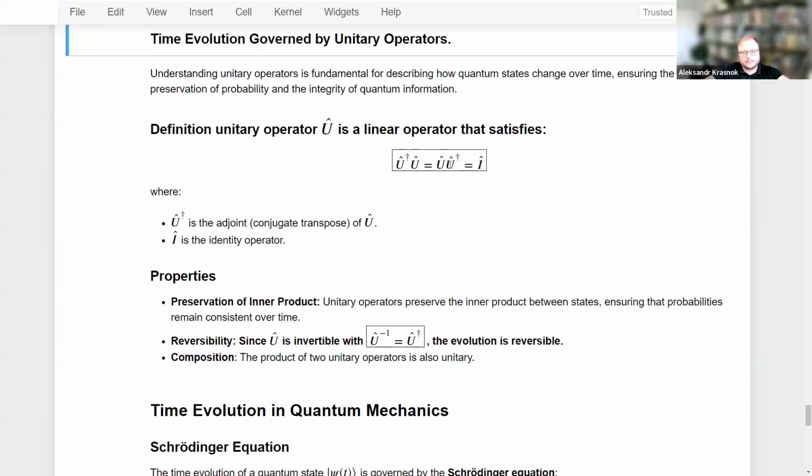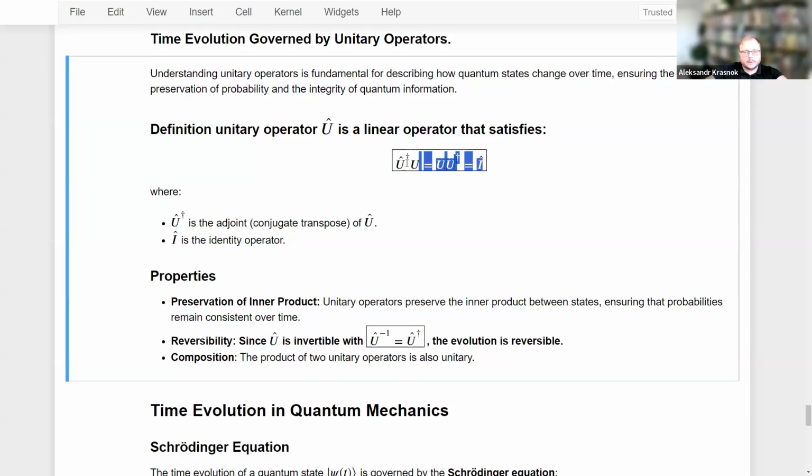So a unitary operator is an operator that satisfies this criterion. Basically, if you take the operator dagger and multiply it by the operator itself, the result is the identity operator.